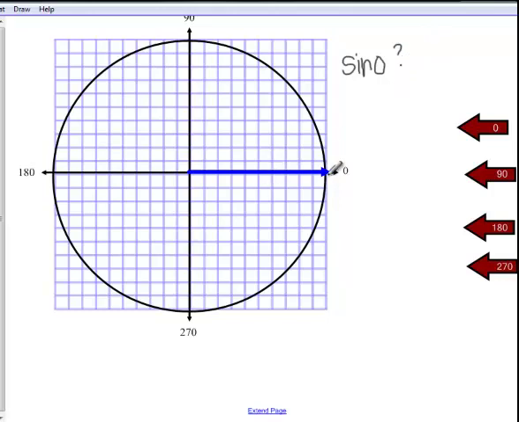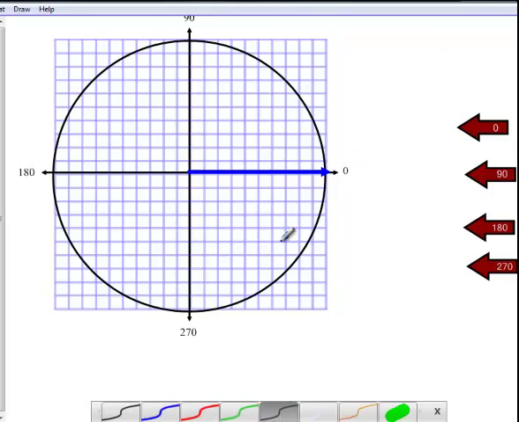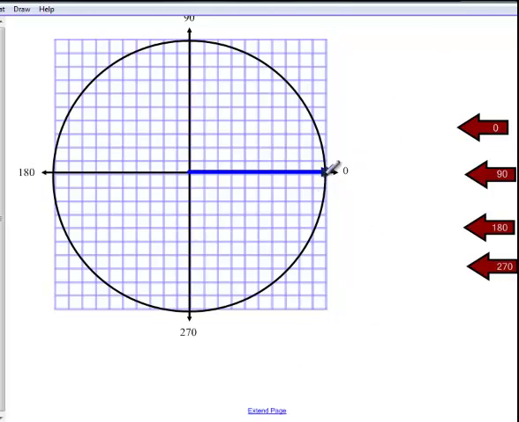I don't have a triangle drawn, so I can't do opposite over hypotenuse because there's no triangle there. But let's see what the Greeks did. The Greeks looked at it in terms of a point. Okay, so this is right here, and that is the point over 1 up 0.